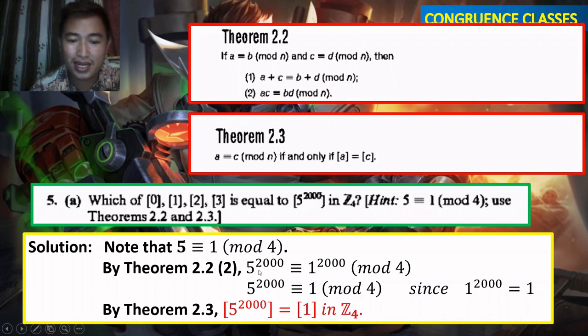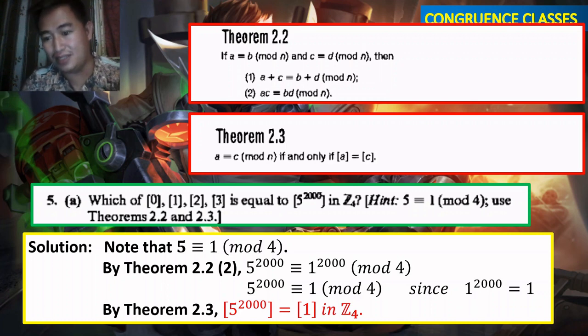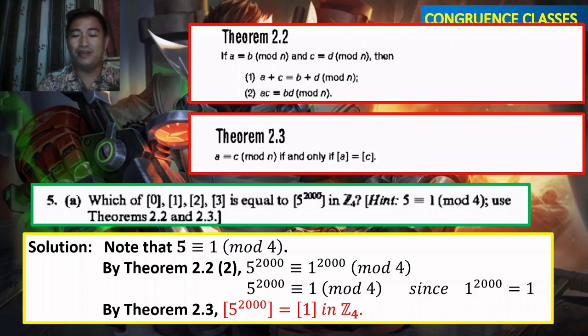Okay, so 5 to the power of 2,000 is congruent to 1 mod 4, since 1 to the power of 2,000 is equal to 1. Diba? 1 raised to any positive number is 1. The answer is 1. Actually, 1 raised to any power is 1.